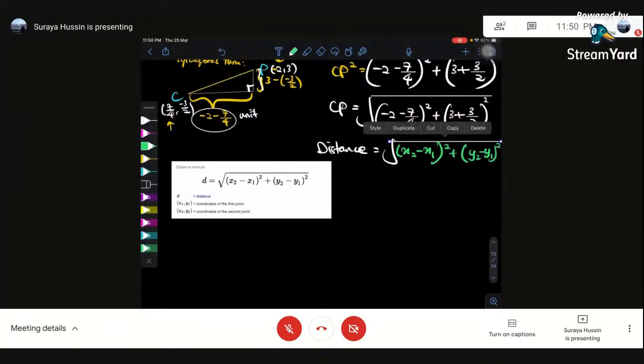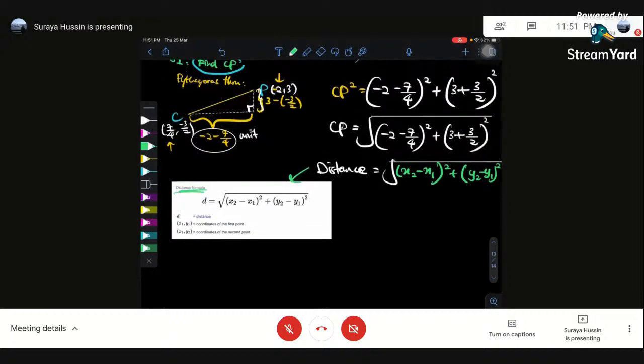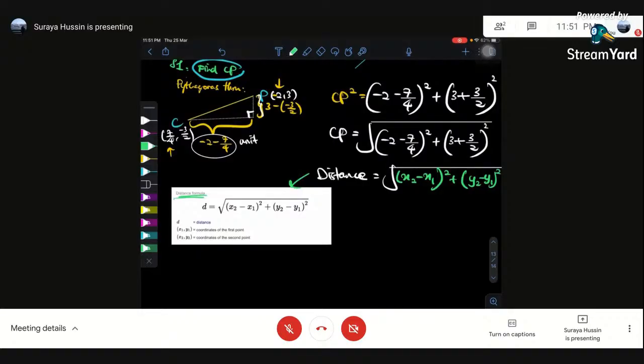This is actually the formula of the distance. Tapi dari mana datang distance formula ni is actually from the Pythagoras theorem. Concept of the Pythagoras theorem. Okay. Jadinya, this is what we are trying to do, ya. X2 minus x1 to y2 minus y1. So it's actually coming from the Pythagoras theorem.